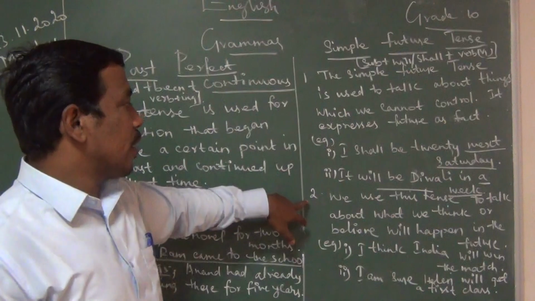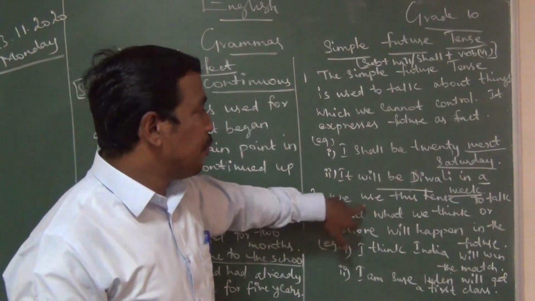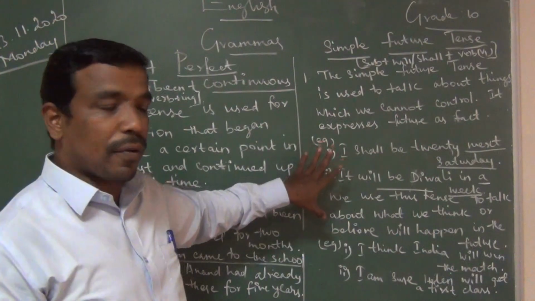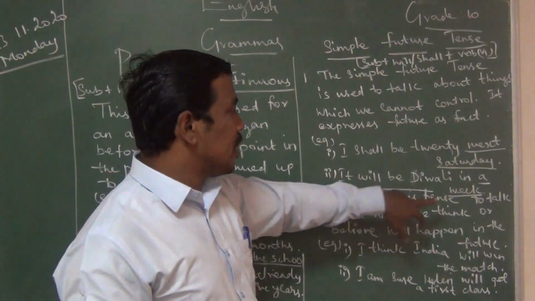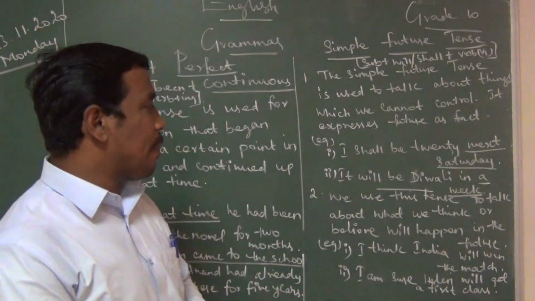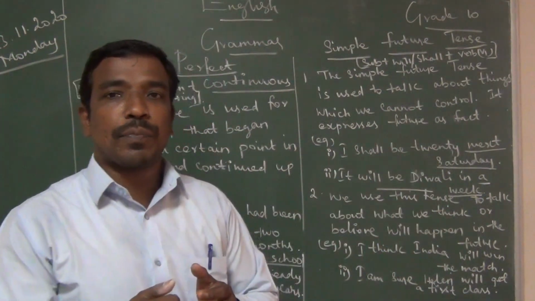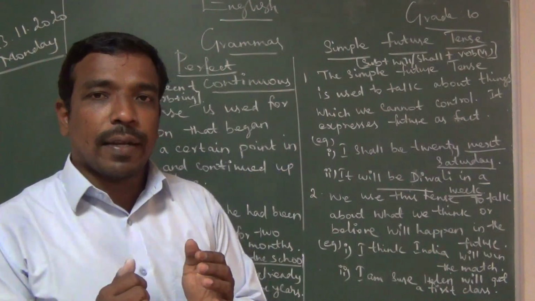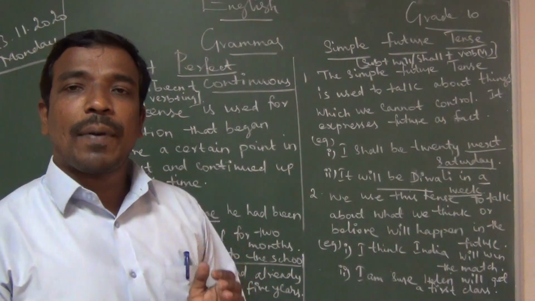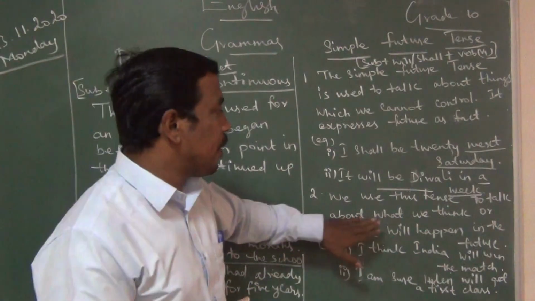Next, the second one: we use this tense to talk about what we think or believe will happen in the future. That is prediction. If you predict something, with I think, I believe, I am sure, this type of prediction we can use simple future tense.